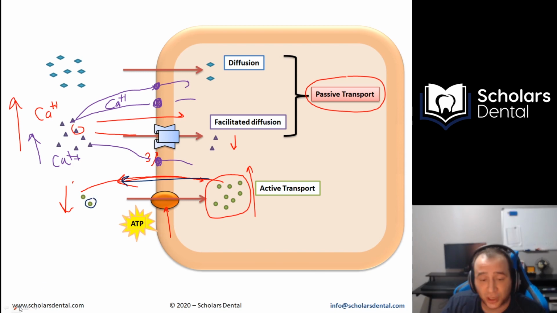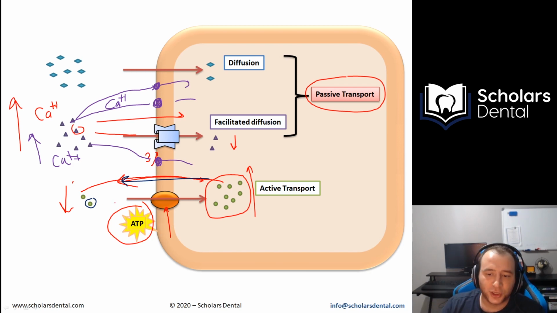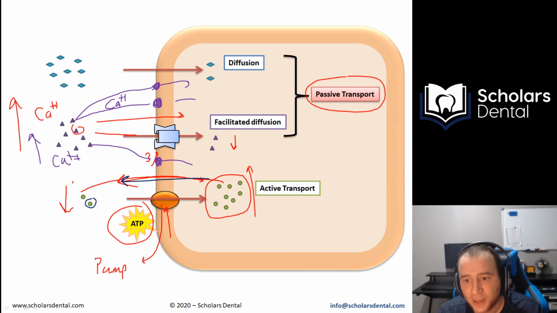That's its job. So since it's going against the concentration force, it has to use energy. It's hard work, okay? It's like it's resisting, but it'll still try to push. And usually these are called pumps. So if you hear something called pump, like sodium potassium pump, it means it's using energy and it's pushing things into the opposite direction of their concentration. Okay? So that's called active transport.